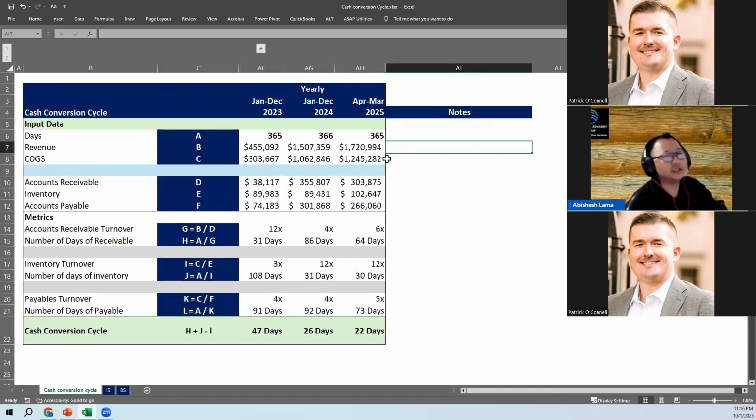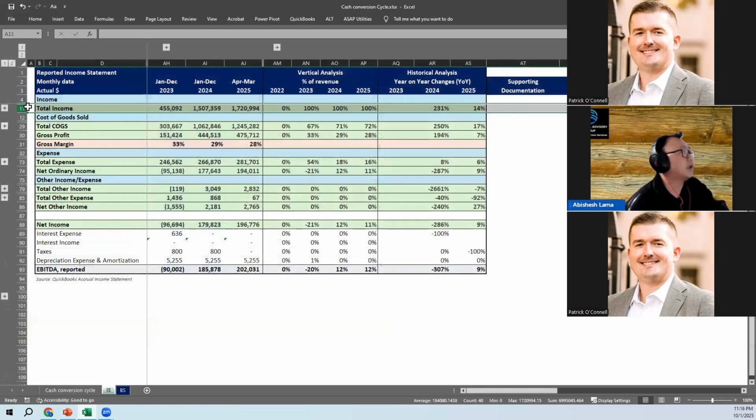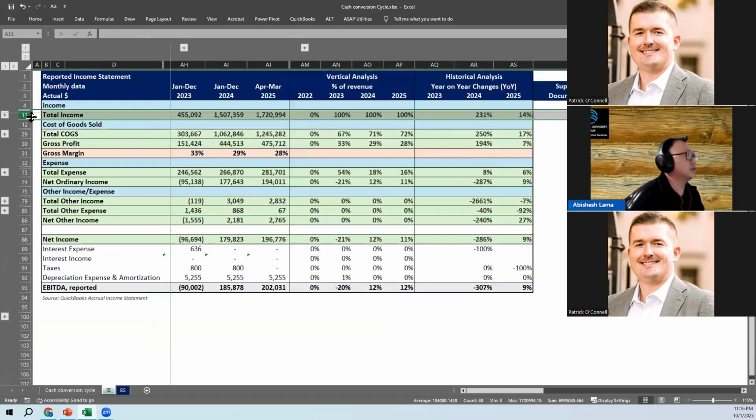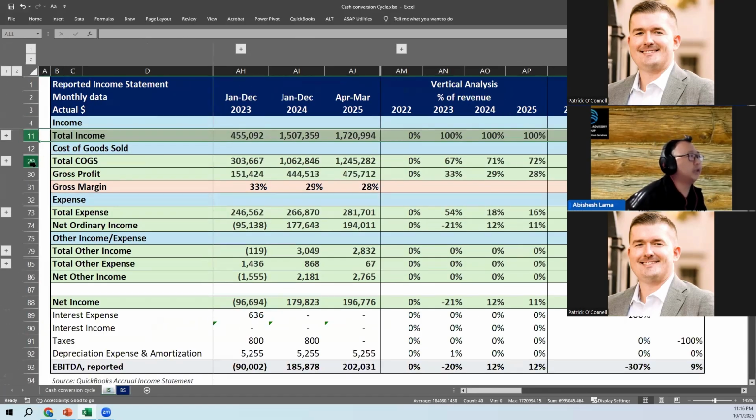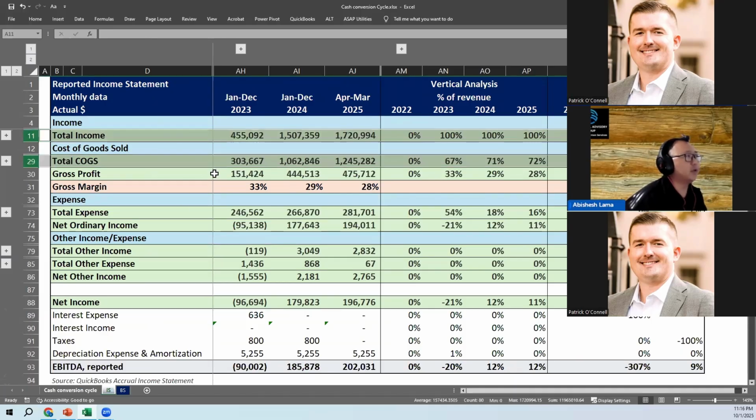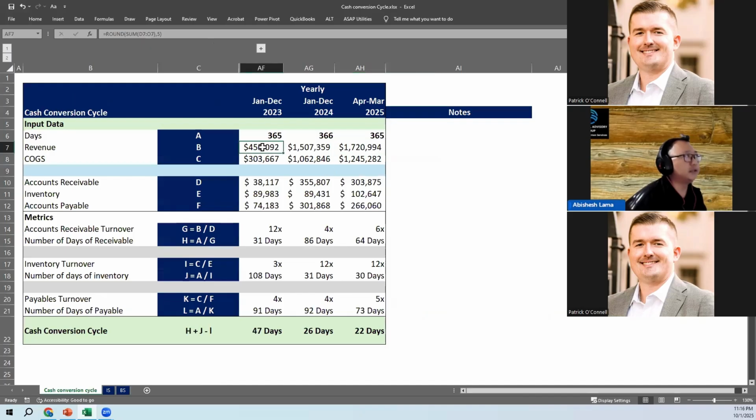From the income statement, the data that you would require would be the revenue and the cost of goods sold. So these would have to be linked to these cells.